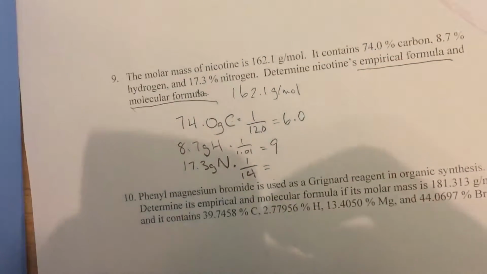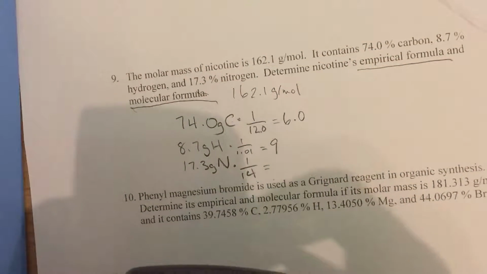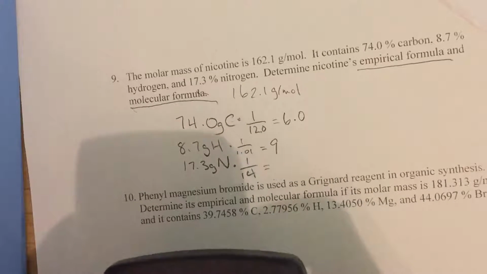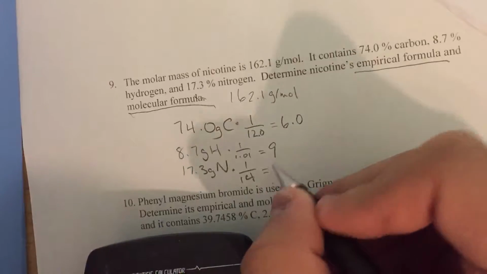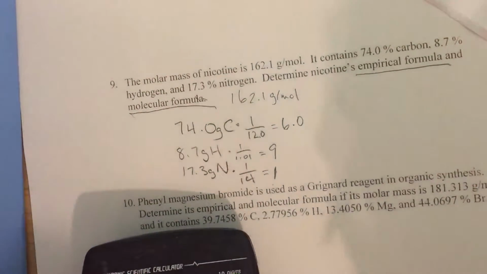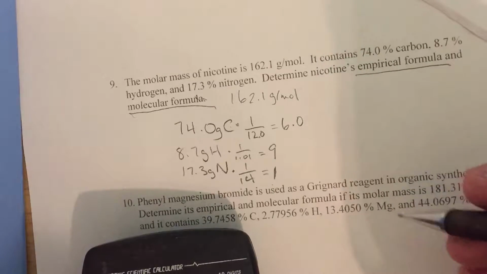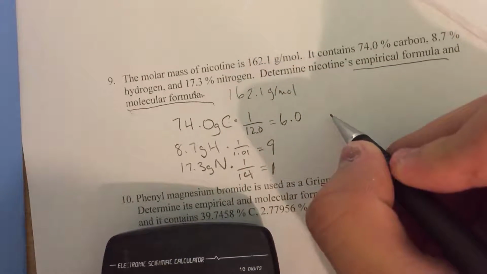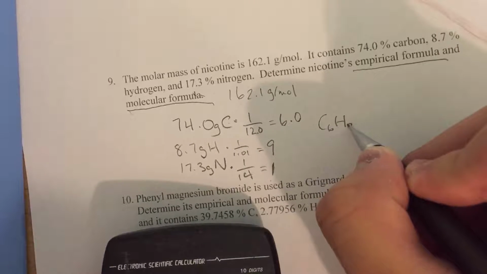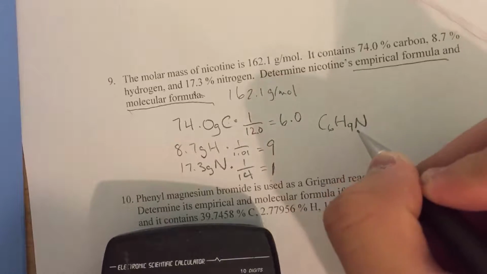And nitrogen would give us 17.3 divided by 14. It's going to give us 1. Alright, so our empirical formula is going to be C6H9N.